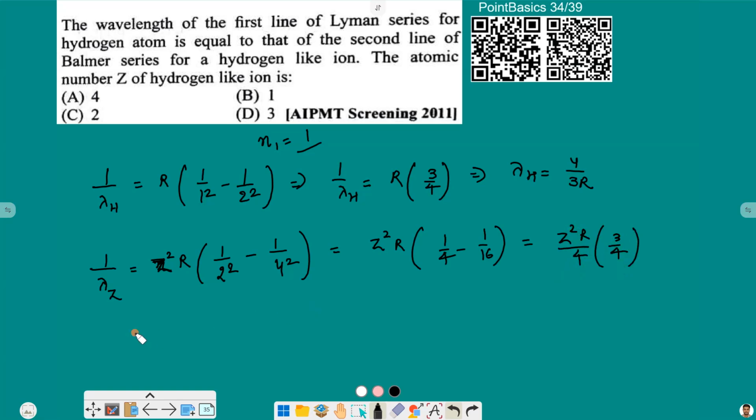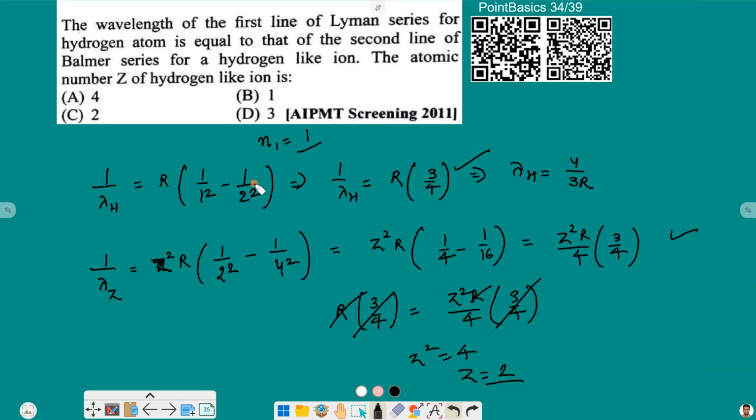These two are equal. So R into 3 by 4 is equal to Z square R by 4 into 3 by 4. So 3 by 4 and R get cancelled. Z square is 4, Z is plus minus 2, or 2. That is option 2 for us. Now let us move to the next one.